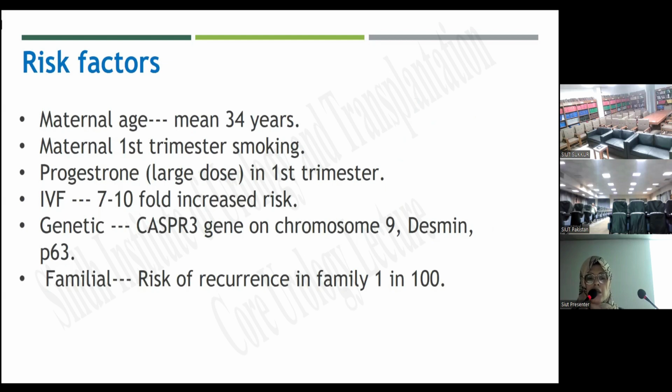The genetic association is with mutations in the genes of CASPR3, which is present on chromosome 9, desmin, and P63. Patients with a family history of the EEC have a recurrence risk of 1 in 100. There is increased risk in patients with a positive family history of the EEC.